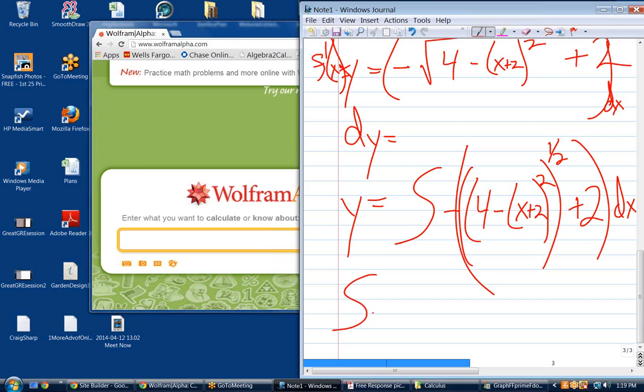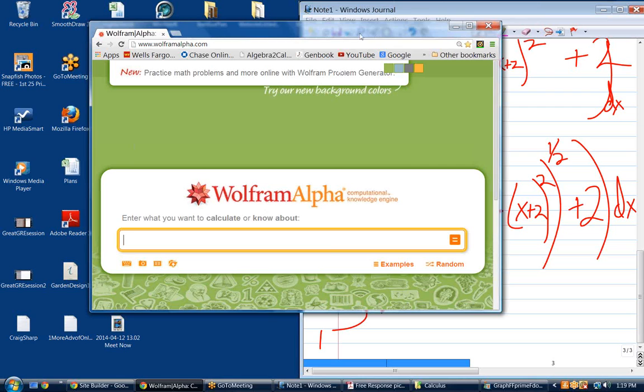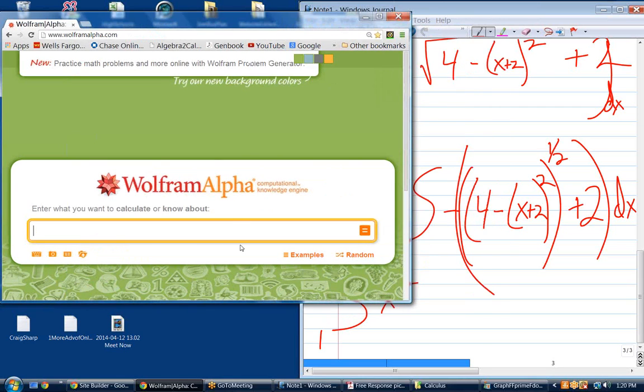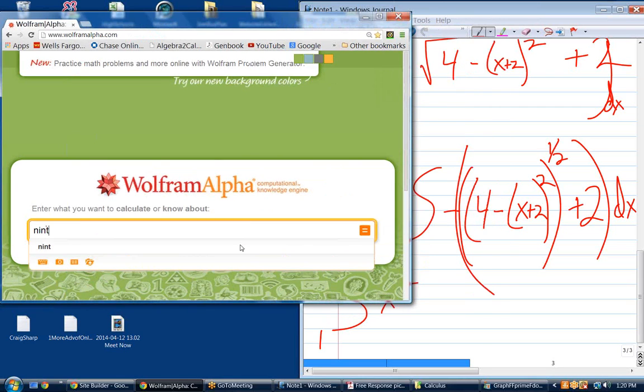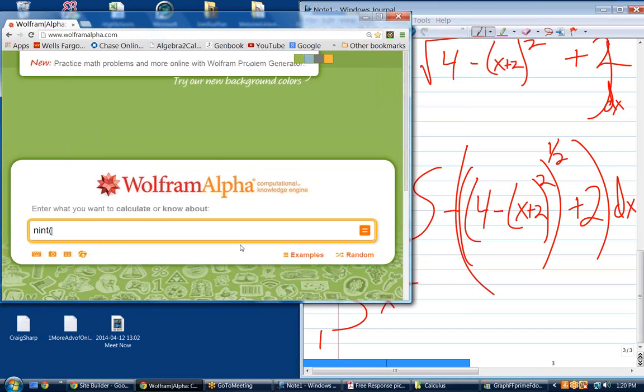Let's say I wanted to integrate x squared from 1 to 2. Well, I would take NINT. Do you know how to find that on your calculator? I think you look on math. If you have a TI-84, you go to math functions and go to 9, I think, which is numerical integral.